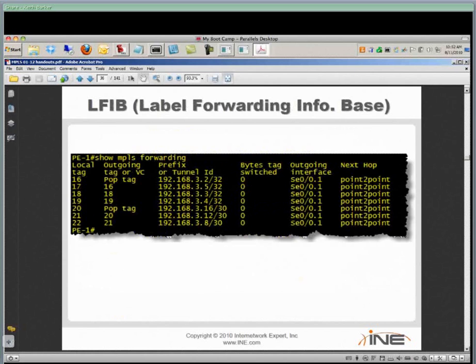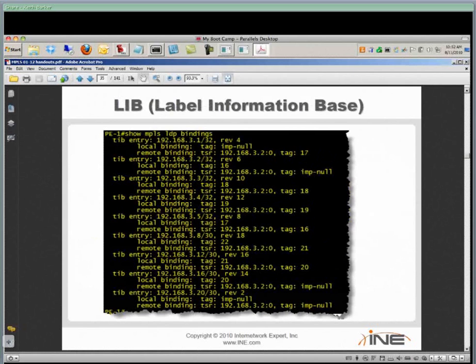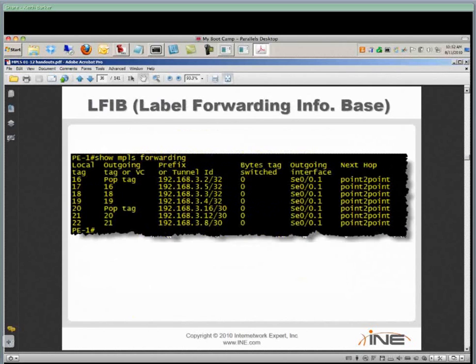Here's the winner circle. So previously, that's all the bindings, and the winner circle is simply the ones that we're going to choose. And how that works is we'll take the actual route we're trying to get to. We'll take a look at the routing table next hop, and we'll determine which of our LDP neighbors has that next hop, and that will be the best neighbor that we're going to use for label forwarding. And hence the label forwarding information base is born.